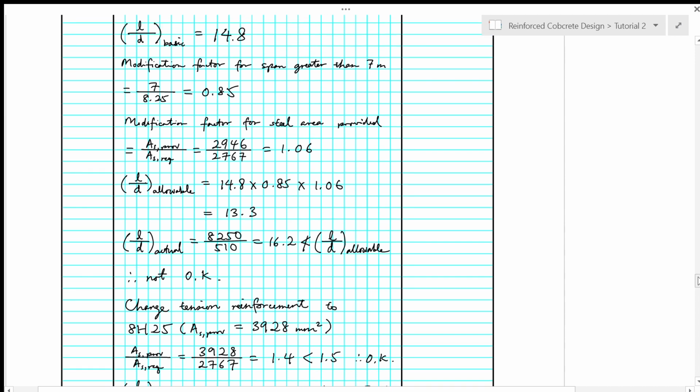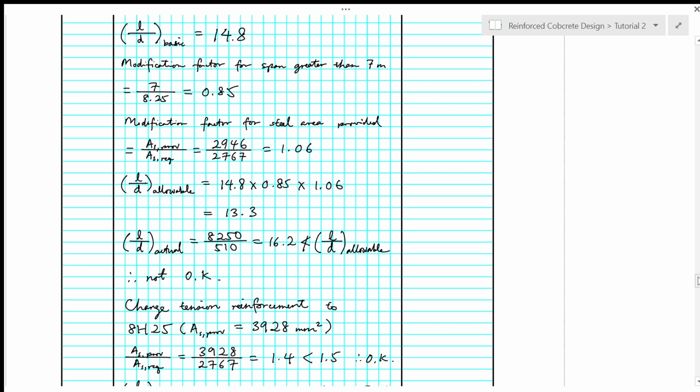And then from the structure, we get L over d, which is the actual value, of 8.25 meters over 510 mm. So we have 16.2, which is not less than the allowable L over d ratio. So the deflection check is not okay in this situation.